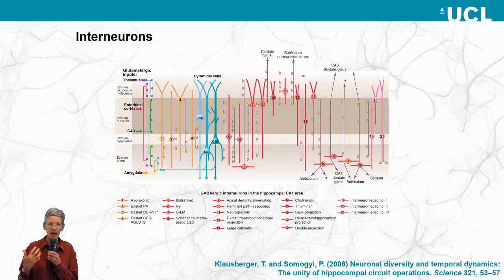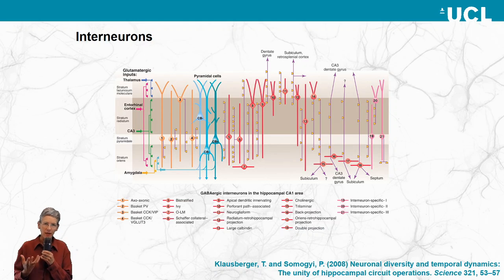So they use GABA or glycine, which are inhibitory neurotransmitters that cause a cell that they contact to, instead of depolarizing to become more excited, hyperpolarize and become less excited and less excitable. So they're dampening down activity. And we used to think that interneurons were just there to regulate the background level of activity and make sure things didn't become too excited.